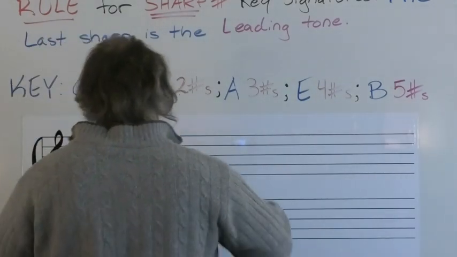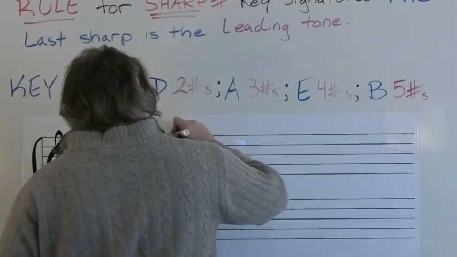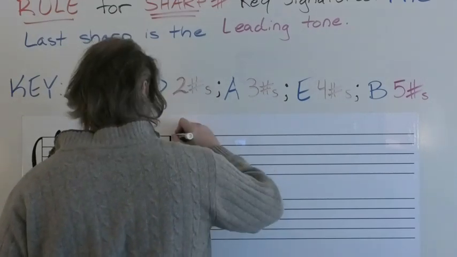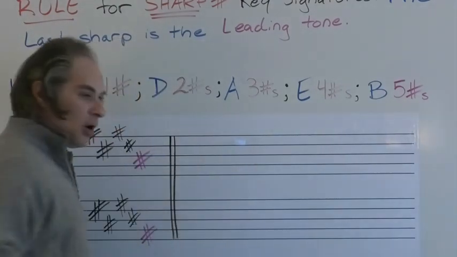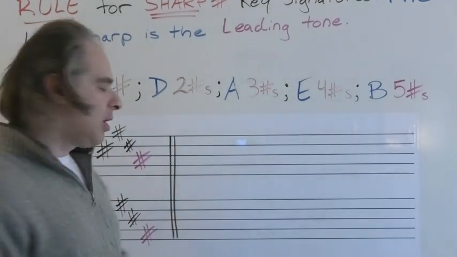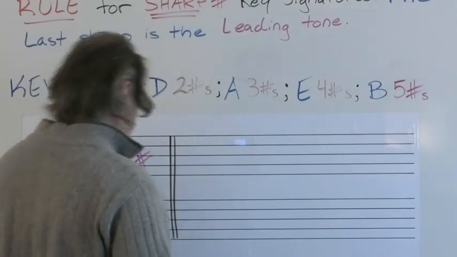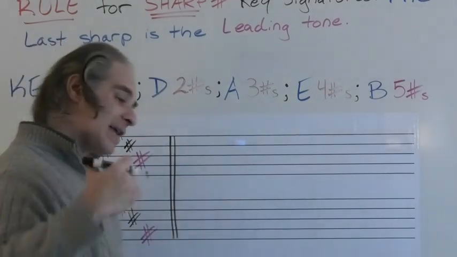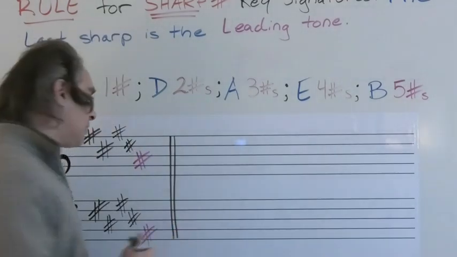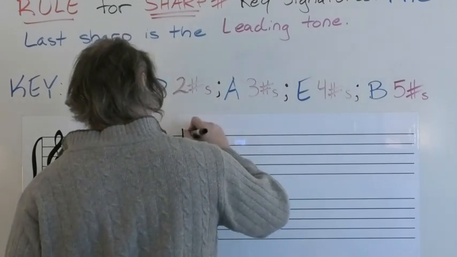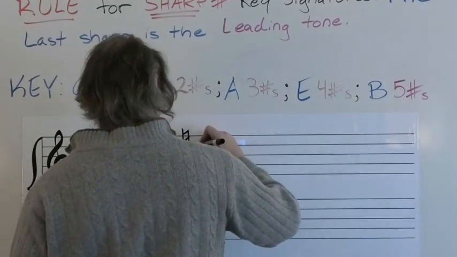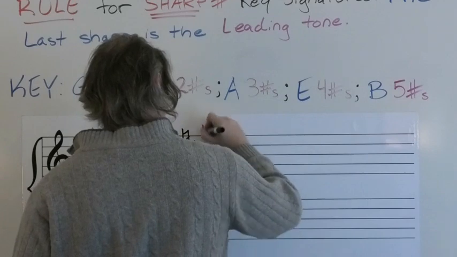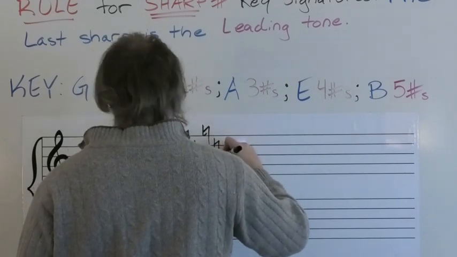The way I would write that is you can't just write a double bar line. You have to write a double bar line, which means new section or new transposition or new meter. And then you can't just leave it. You have to actually naturalize all of these sharps. So you would have to write F natural, C natural, G natural, D natural.